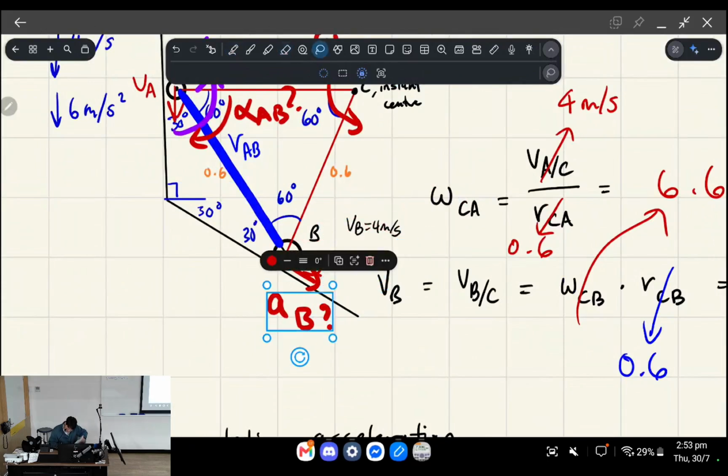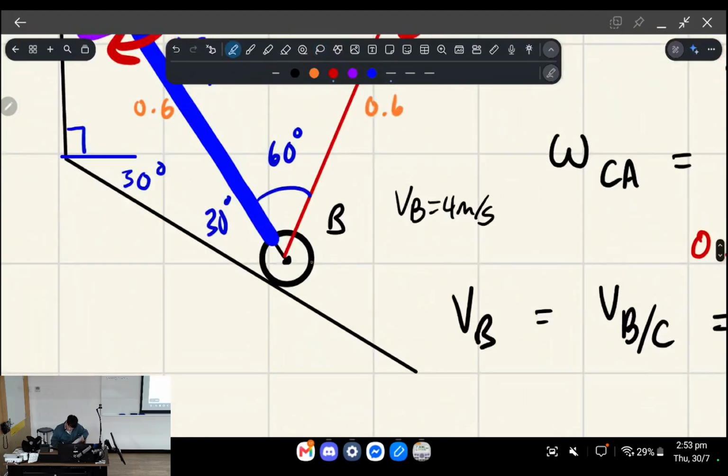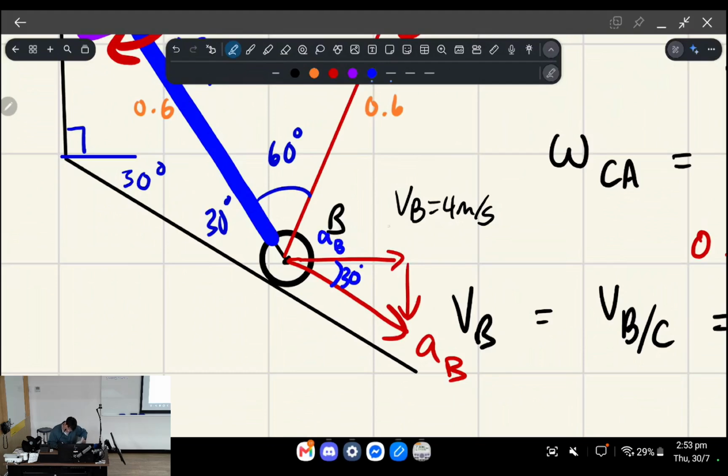It's because even though we don't know what this is, let's just draw this as an arrow. We don't know what the acceleration of B is. However, we do know the angle, and we know that this angle is 30 degrees. So this has to be the hypotenuse cosine 30 degrees, and this has to be the hypotenuse sine 30 degrees.